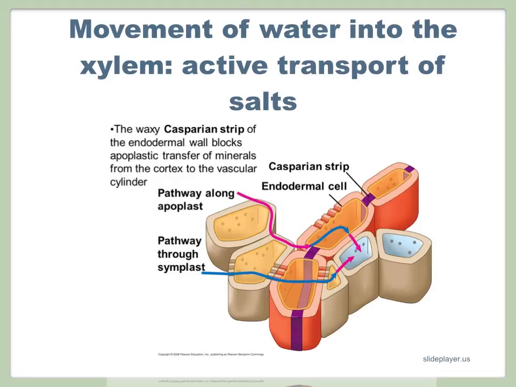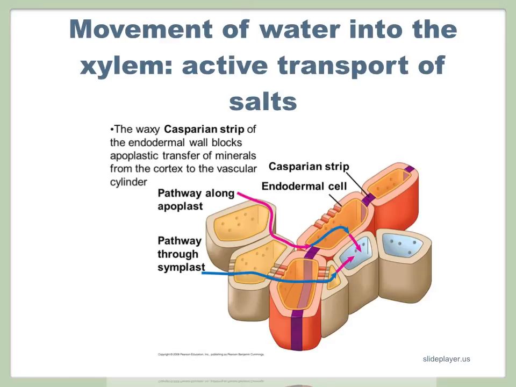Active transport of salts is the most likely mechanism by which water now gets into the xylem. By pumping nitrates into the xylem, a much lower water potential is created, and this causes water to enter the xylem from the endodermal cells by osmosis.